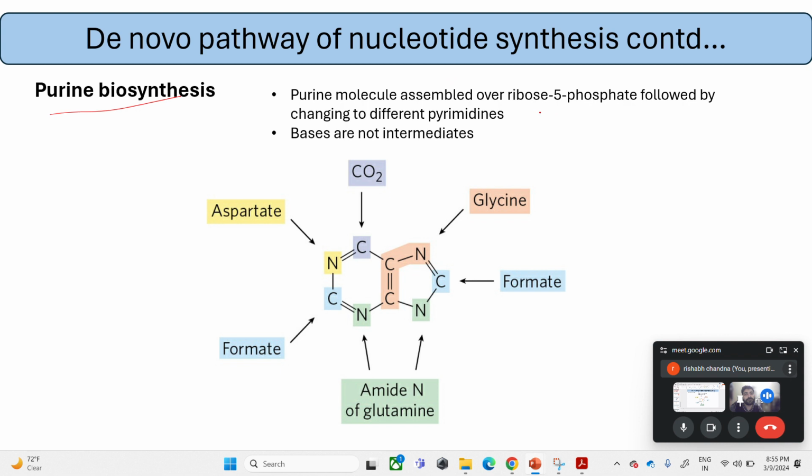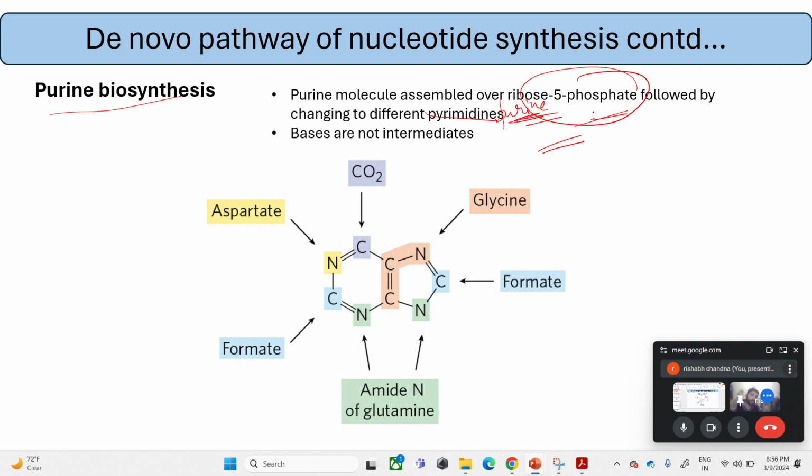Like we also saw in pyrimidine synthesis, the pyrimidine molecule is first arranged and then formed. A similar thing happens here: the purine molecule is assembled over the ribose 5 phosphate, followed by changing it to different purine molecules. And the bases here are also not intermediates, because the bases are formed on the ribose phosphate.